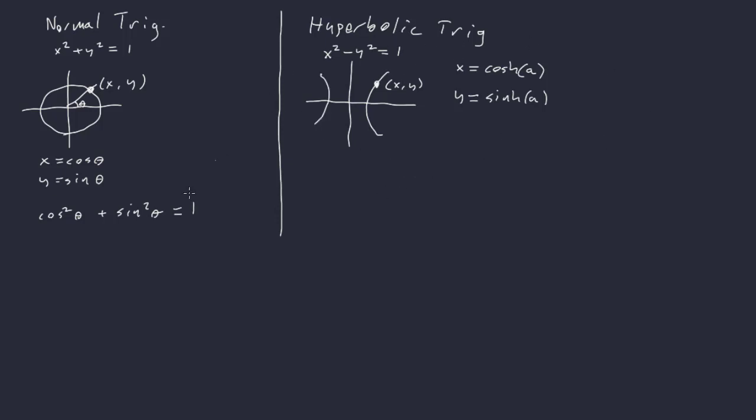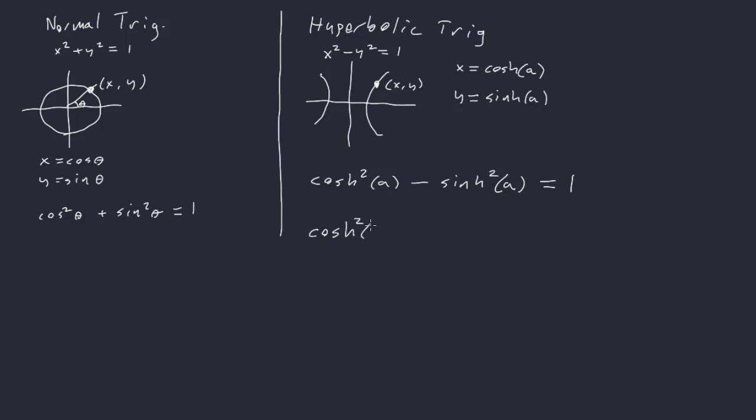Okay, so if we do the same thing here, replacing the x squared with cosh squared of a, and instead subtract the sinh squared of a, we should get 1. Now, are we sure that this works? Well, let's see.